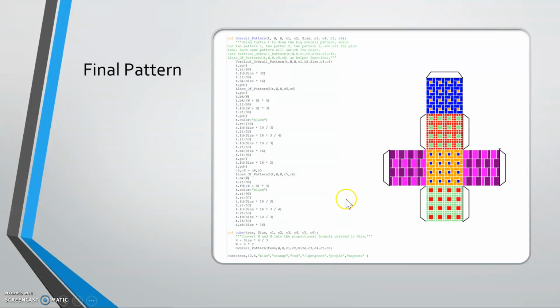So H equals size multiplied by 4/3, and H is half of the W, so they now all have a ratio between W, H, and size.